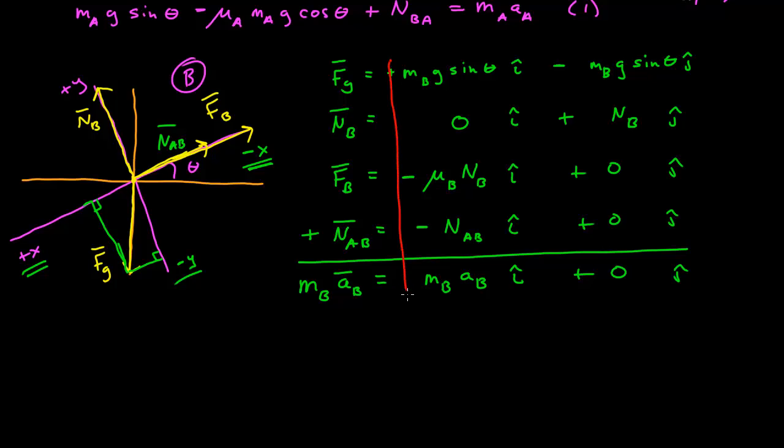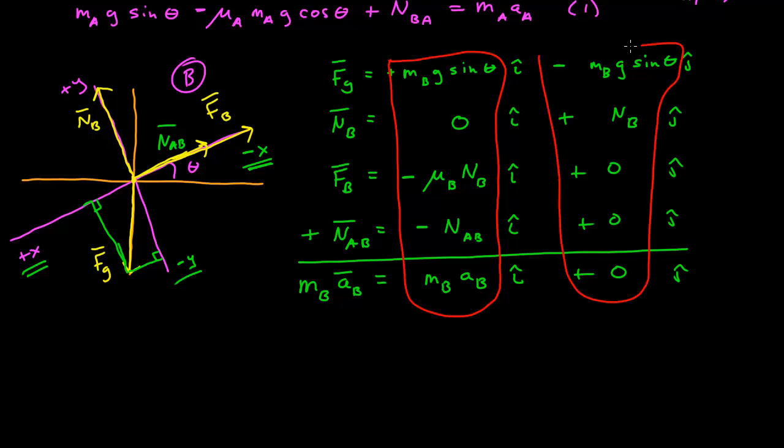All right, so that gives me some relationships to work with. I can sum the x components of my diagram plus the y components, and that can give me some relationships to work with. So the first relationship I have is in the y axis. I have a similar expression to what we had before. The normal force of the ground on B is equal to the mass of B times g sine theta.